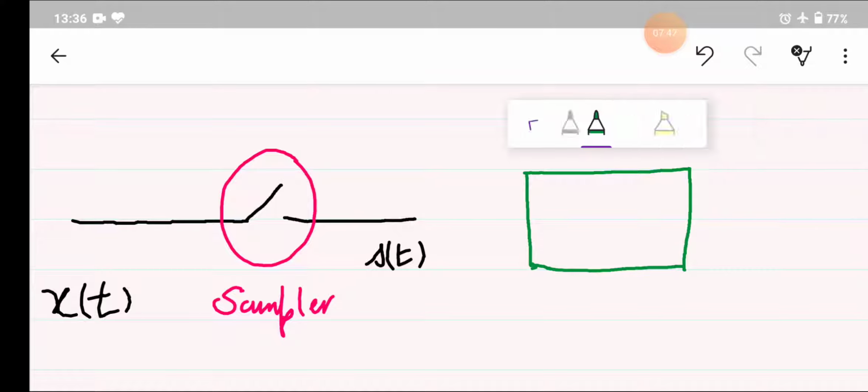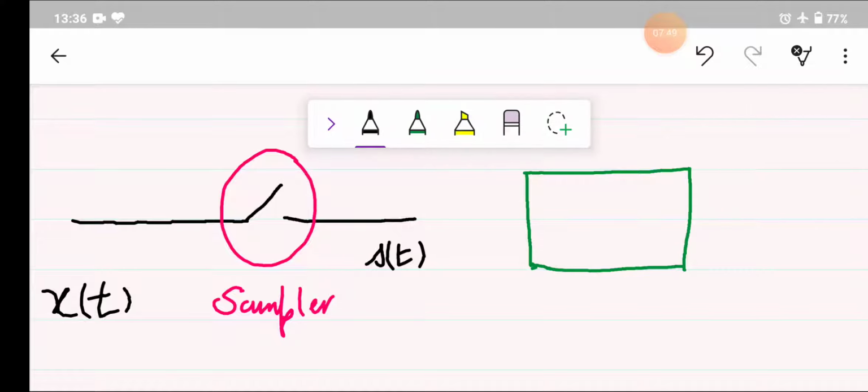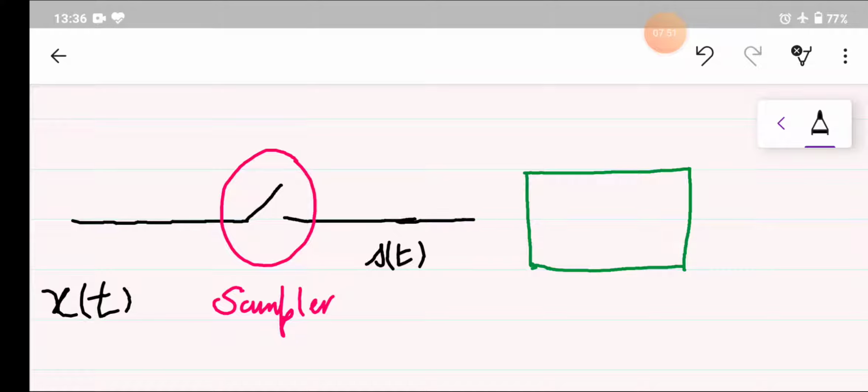So when the first sample comes, it will hold the value of that signal for the time period Ts. The sampler has time period Ts, that is the sampling time period.